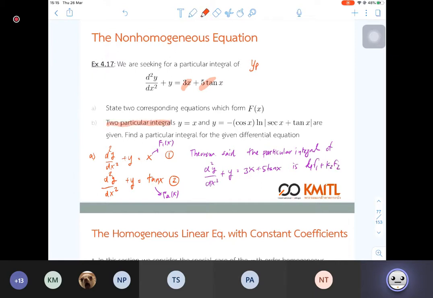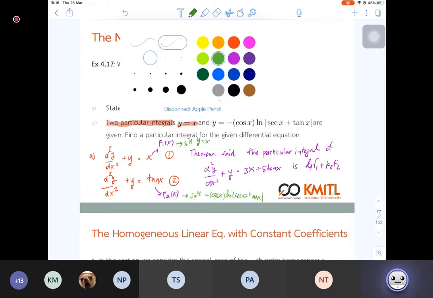And it said here that the particular integral for the first one would be y equal to x. So here, the solution is y equal to x. Here, the solution is minus cosine of x times ln of sec x plus tan x.